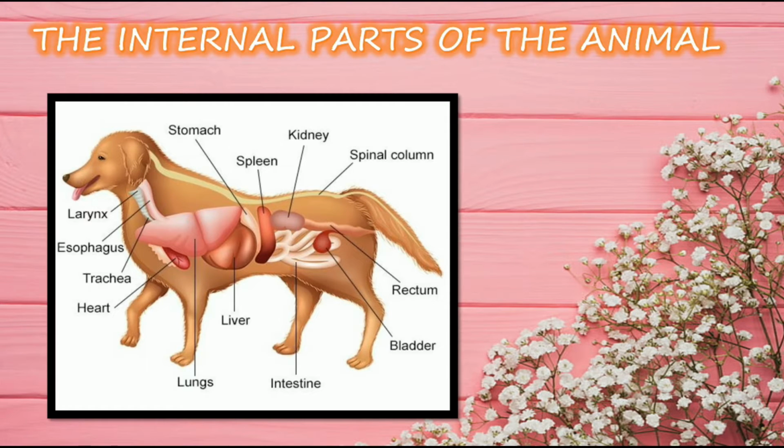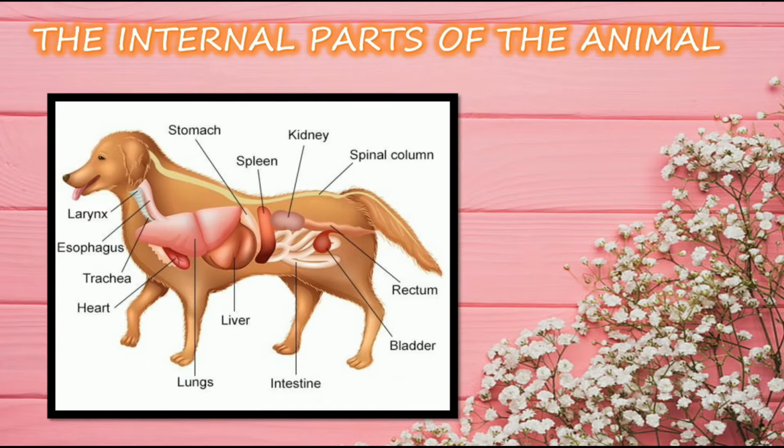The function of the spleen is to activate the immune system in the body. Immune system helps to fight off infections. Next comes kidney. It is used to balance nutrients in the body and filters the waste out.